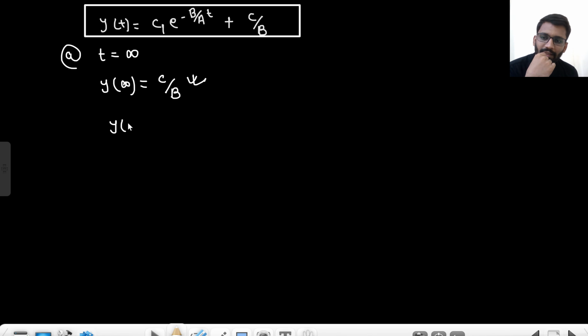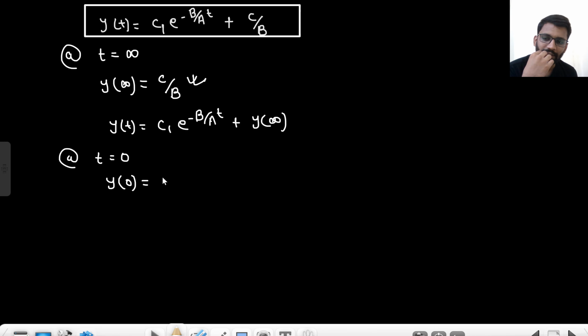So I can reduce my y(t) equals C1 e to the power minus b by a t plus y of infinity. Now at t equals 0, what will happen? y of 0 will be equal to C1 plus y of infinity, since e to the power 0 goes to 1.